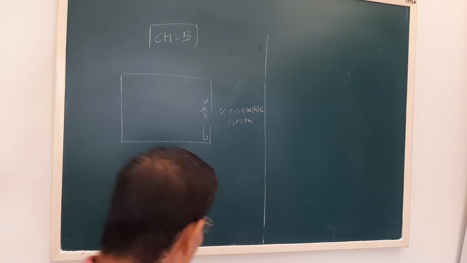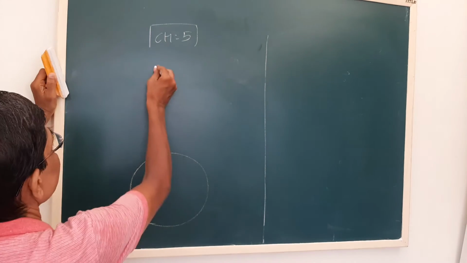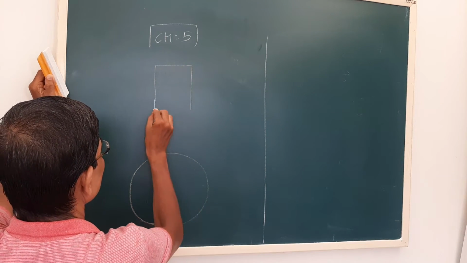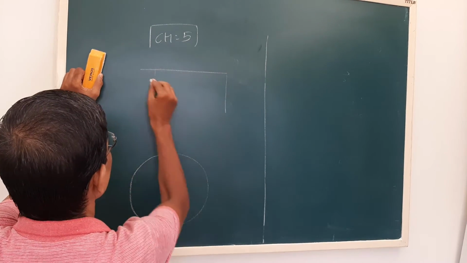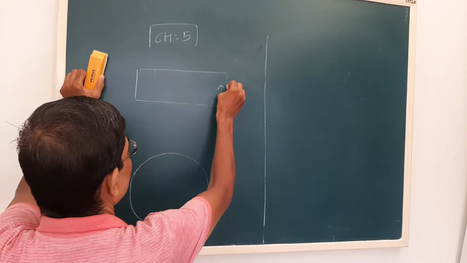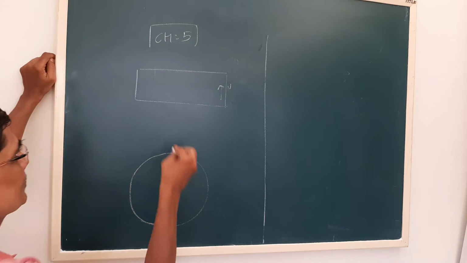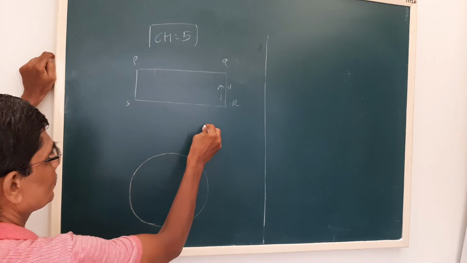Let us say this is a plane surface which indicates north and south. This is our geographic north. So this plane containing this direction is called, let us say, PQRS, the geographic meridian.